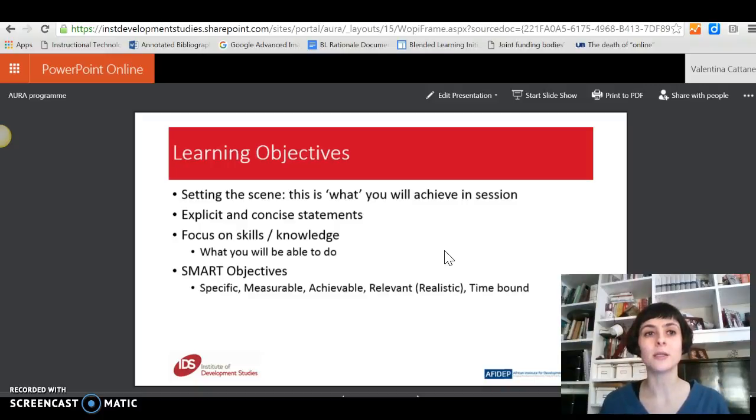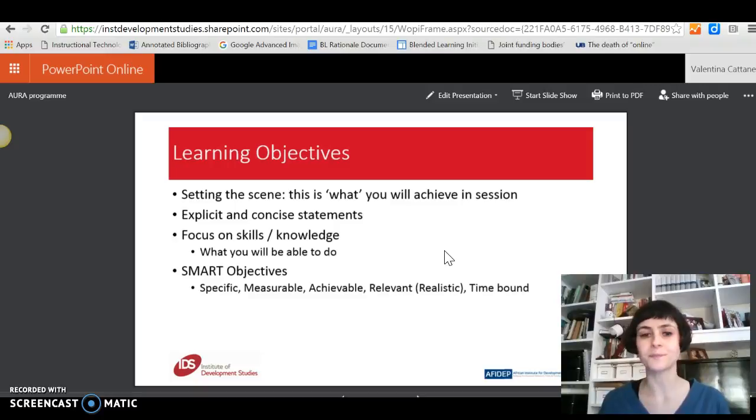That means it should be clarified when and in which terms the outcome could be achieved: during the course, at the end of the course, at the end of one activity. It could be achieved through different learning activities supporting more complex learning outcomes or objectives. So these are elements to take into consideration while writing your outcomes.